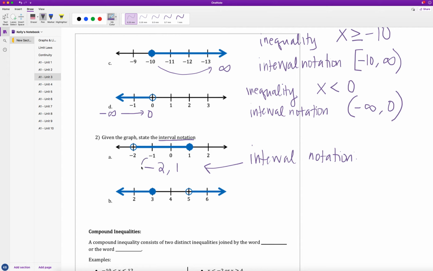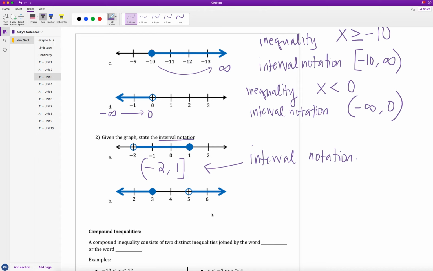I will have a bracket, or I'm sorry, I will have a parenthesis. I drew a parenthesis, but I said the wrong word. I will have a parenthesis at -2 because of the open circle. And then what about at 1? Will we have a parenthesis or a bracket? At 1, we will have a bracket because I'm including the endpoint, which is why I have the closed filled in circle. That will be our interval notation for our graph in 2a.